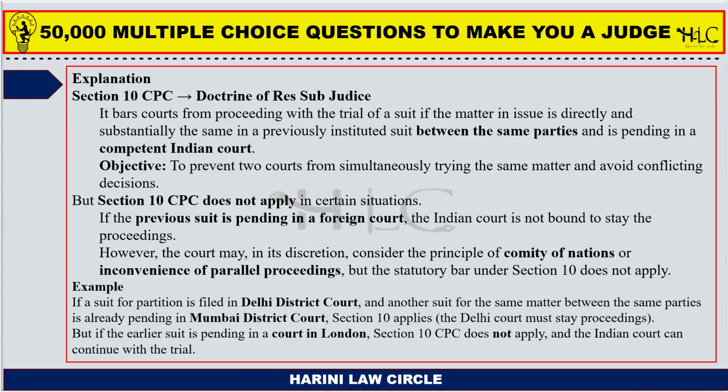It bars the courts from proceeding with the trial of a suit if the matter in issue is directly or substantially the same in a previously instituted suit between the same parties and is pending in a competent Indian court. So the objective is to prevent two courts from simultaneously trying the same matter and avoid conflicting decisions.